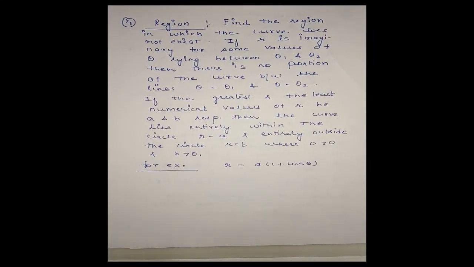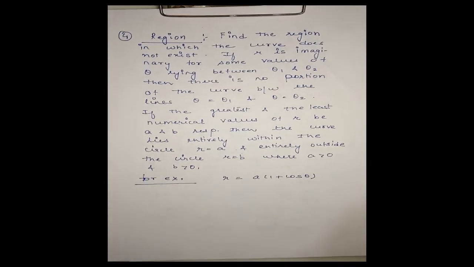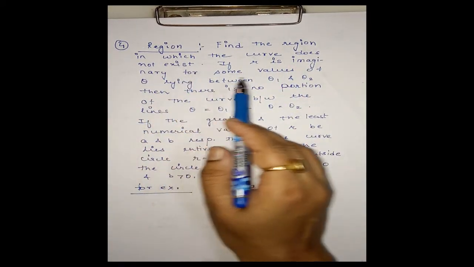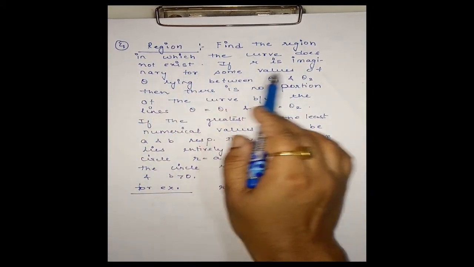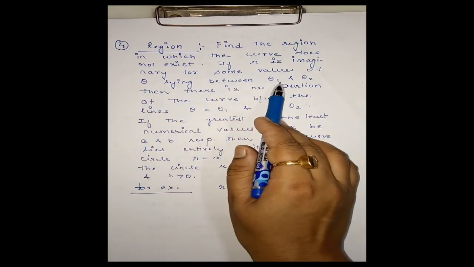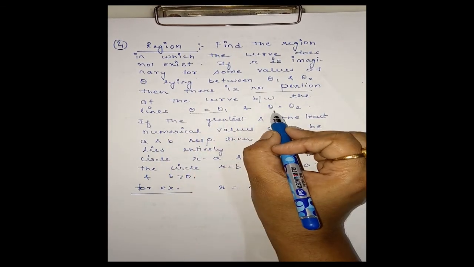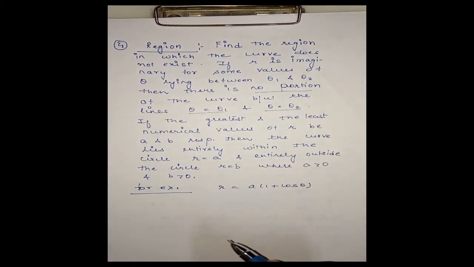region. Find the region in which the curve does not exist. If r is imaginary for some values of theta lying between theta 1 and theta 2, then there is no portion of the curve between the lines theta is equal to theta 1 and theta is equal to theta 2.